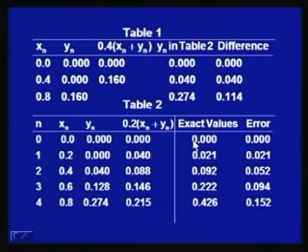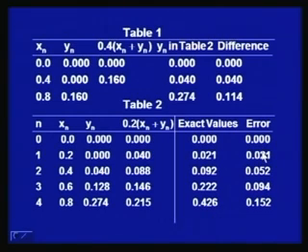When we calculate the exact values of y from the exact solution of the initial value problem, y equal to e to the power x minus x minus 1, we see that y at x equal to 0 is 0.000, y at 0.2 is 0.021, y at 0.4 is 0.092, y at 0.6 is 0.222, and y at 0.8 is 0.426.